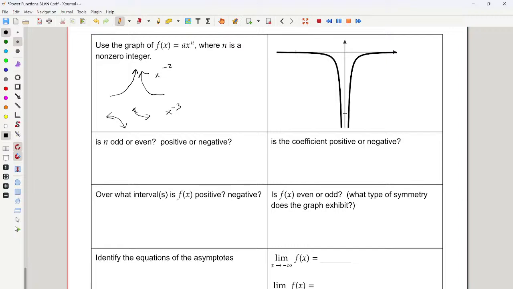Negative, even. Negative, even. Do you agree? Yeah, because it's like 2 branches that are both going in the same direction. But what transformation might have flipped that? A equals a negative number. Dude, what the heck just happened there? How come?